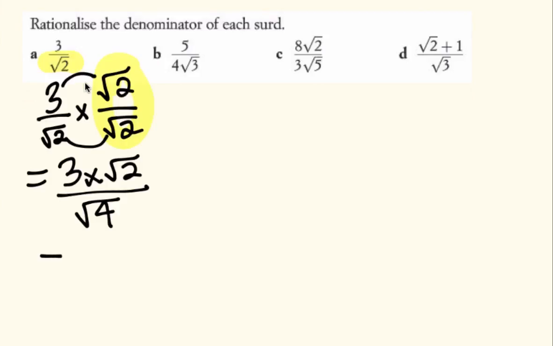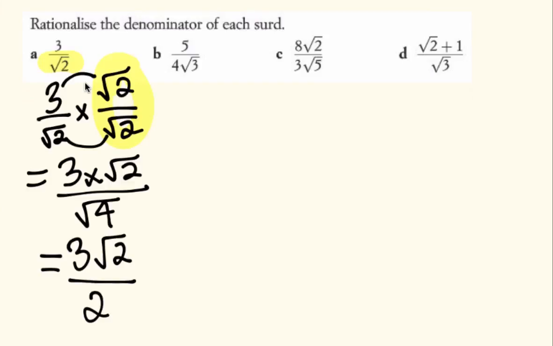But for the purpose of explaining the first example in this video, I'll leave it as the square root of 4. So 3 times root 2, now remember when we're doing surds, and like we do with algebra as well, we leave off the multiplication symbol and it would become 3 root 2 all over 2.